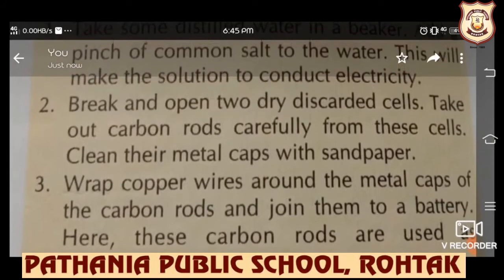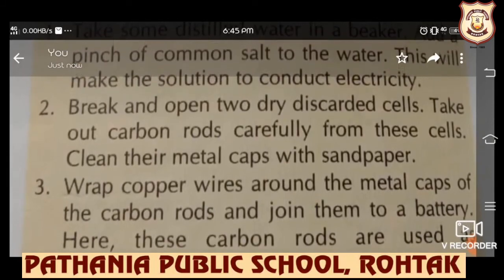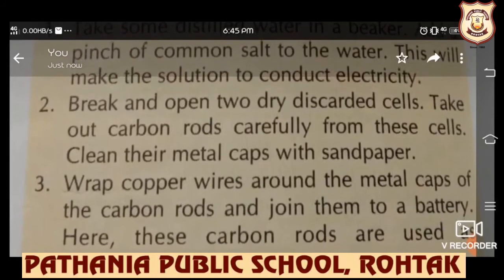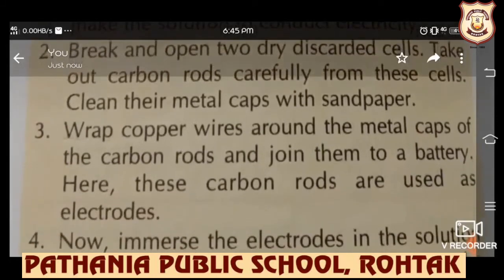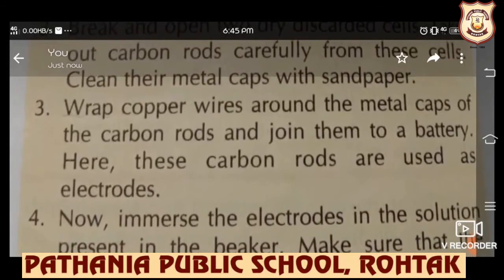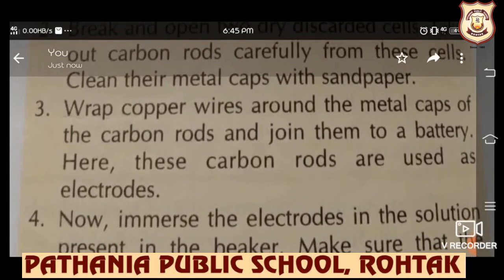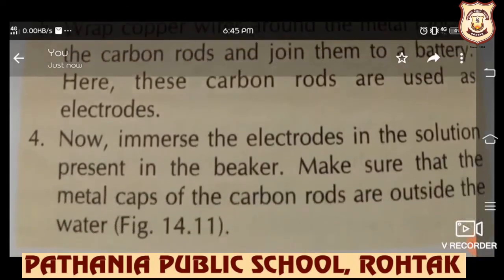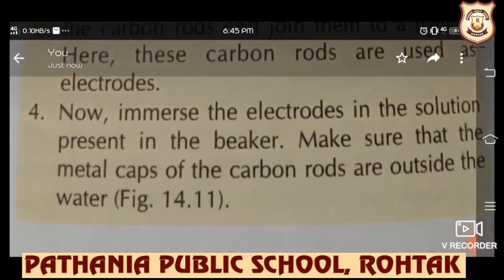Break open two dry discarded cells. Take out the carbon rods carefully and clean their metal caps with sandpaper. Now what you have to do? You have to wrap copper wires around the metal caps of the carbon rods and join them to a battery. Now immerse the electrodes in the solution.